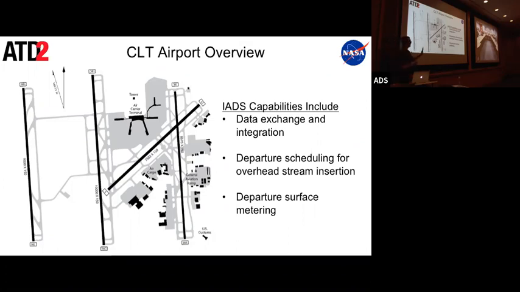And the runway on the right-hand side is what we call a dual-use runway, which means that it accepts both departures and arrivals. As I had mentioned, Charlotte is the 7th busiest airport in the world if you count it by the number of operations that happen at Charlotte yearly.